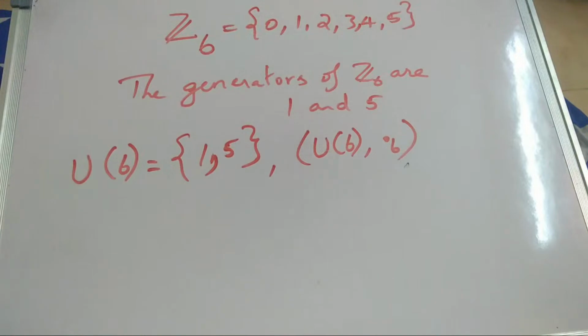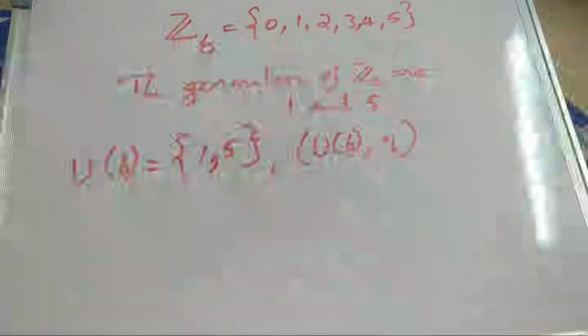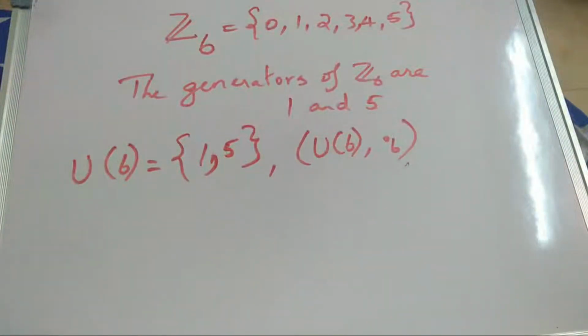Now here, we multiply the positive integers, and then using mod 6, we read the result back. Fine. Now we need to show that this forms a group.